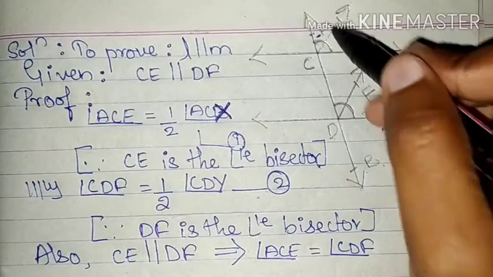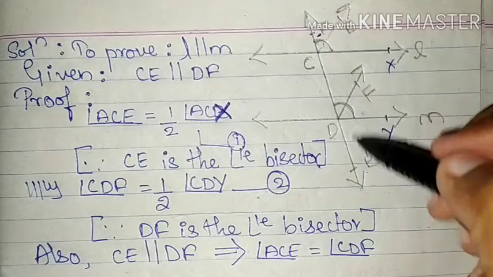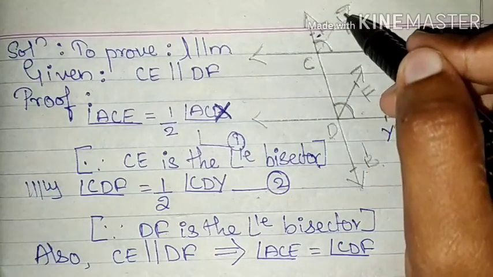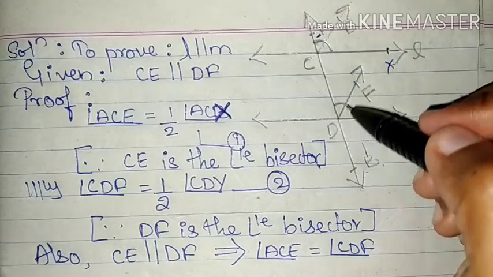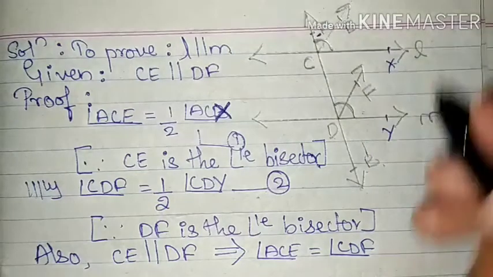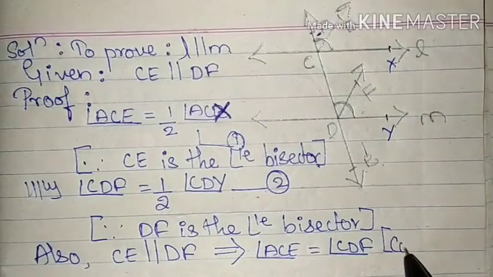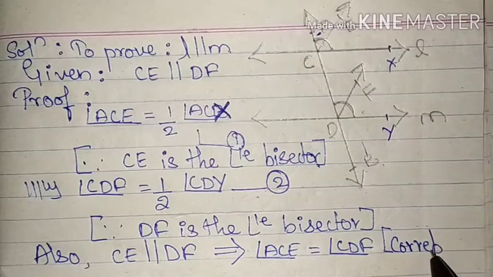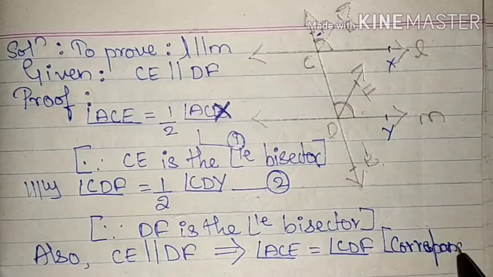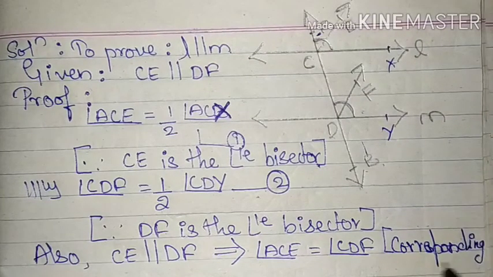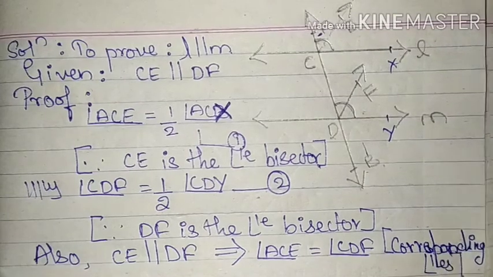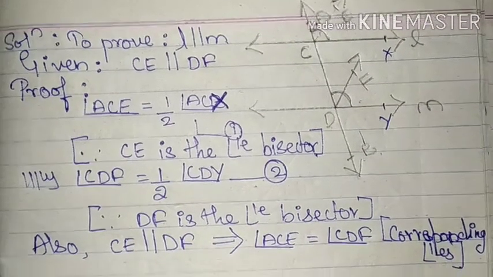CE is parallel to DF, AB is the transversal, right? Then angle ACE and angle CDF are our pair of corresponding angles. When the lines are parallel, the corresponding angles are equal.